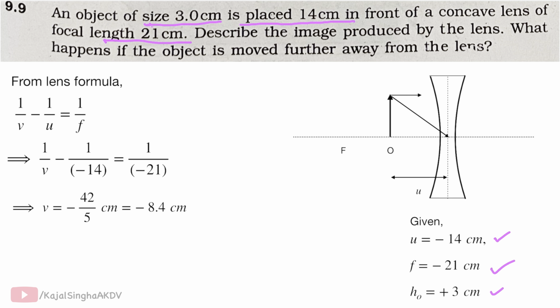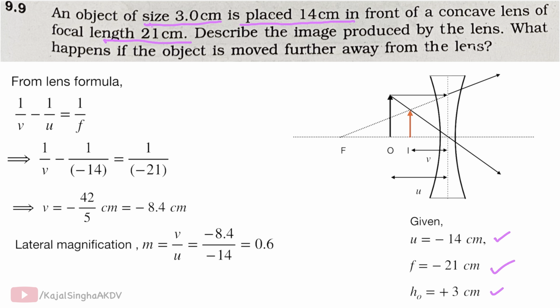We can see that light rays from this object are refracted through the lens and form image at a distance 8.4 centimeter in front of the lens. Lateral magnification m equals to v by u. In case of lens, it is v by u, not minus v by u as in case of mirror.